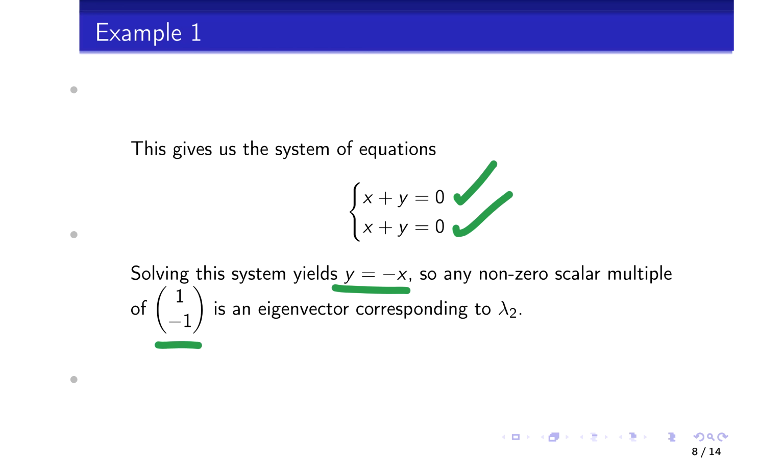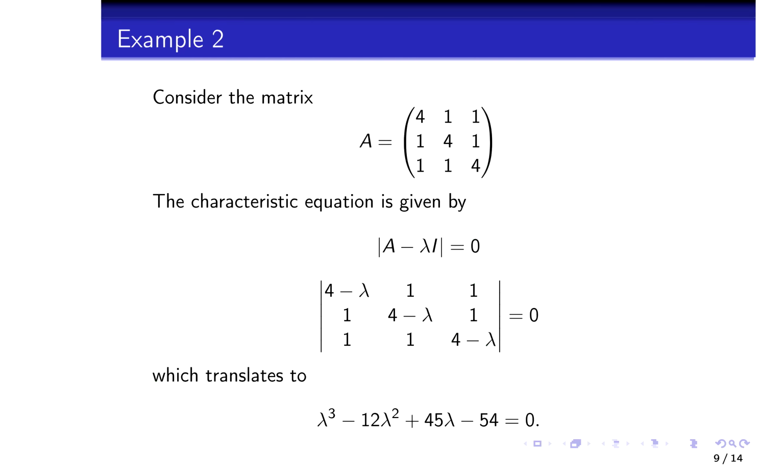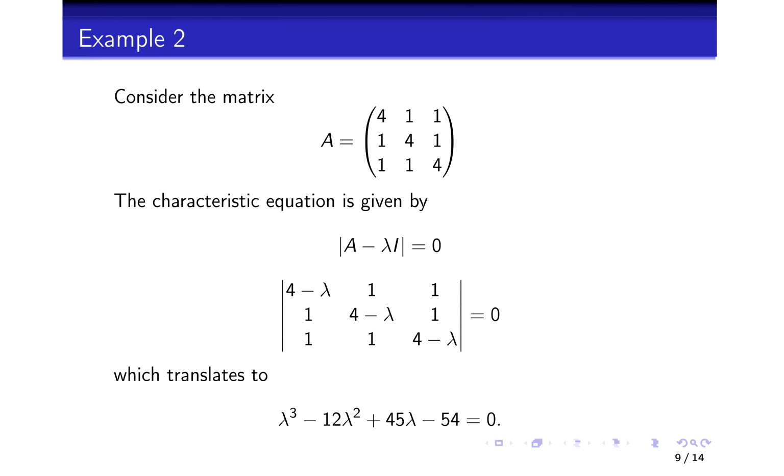Can we look at a 3 by 3 case, which is like our example 2? So consider the matrix 4, 1, 1, 1, 4, 1, 1, 1, 4. The characteristic equation is given by the determinant of A minus lambda I equals 0.